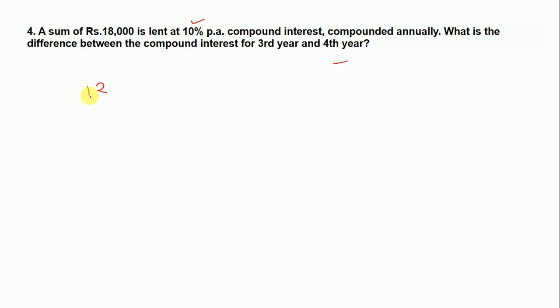1.21%. So just find the 1.21% amount of this 18,000. So for that 18,000 into 1.21 and we have to divide by 100. Just cancel it.